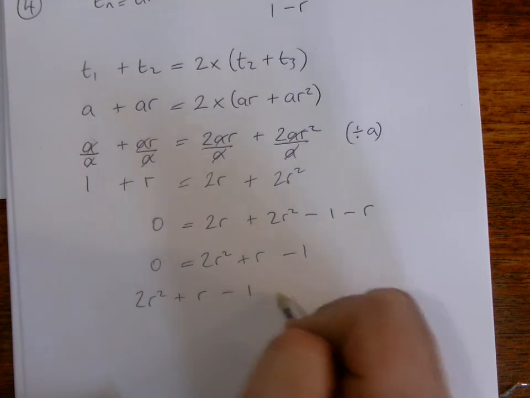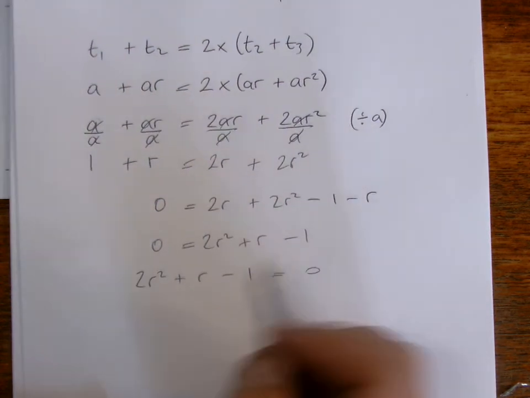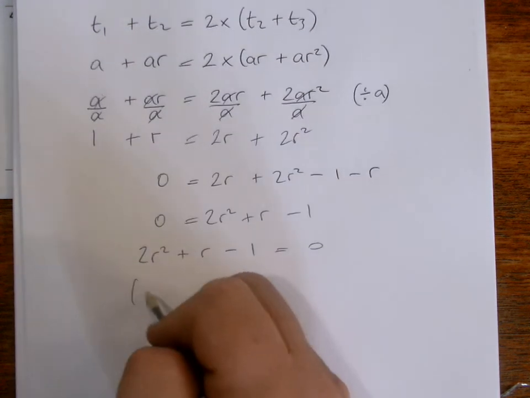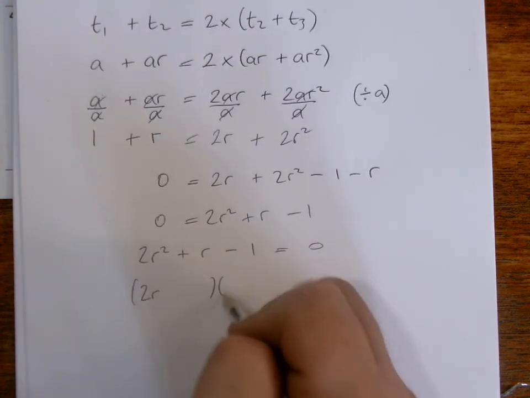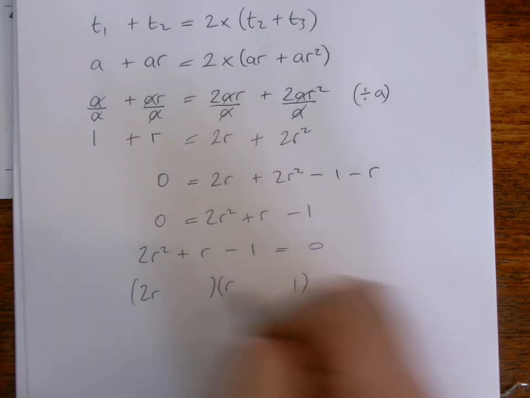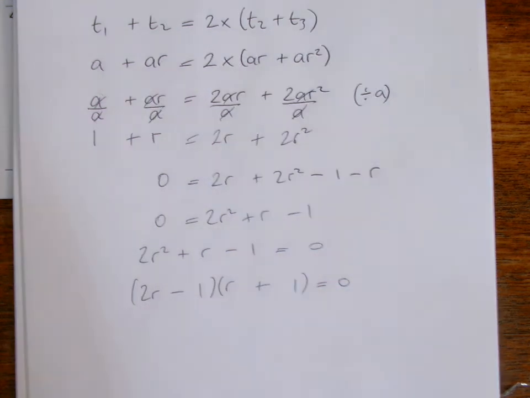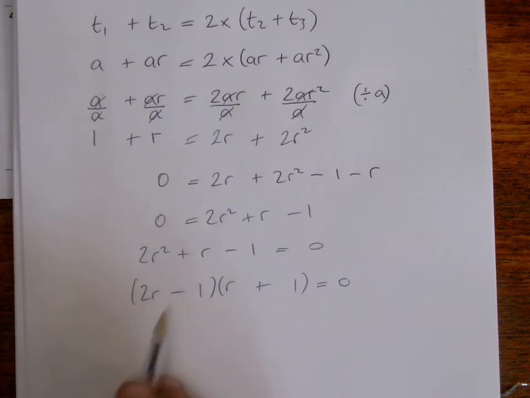So this is a straightforward quadratic to factorize, so whichever method you use, you eventually get to 2R minus 1 and R plus 1. That multiplies out to give this here.